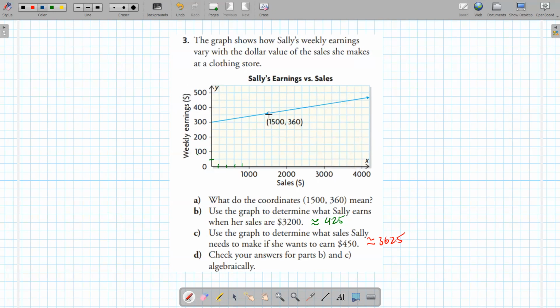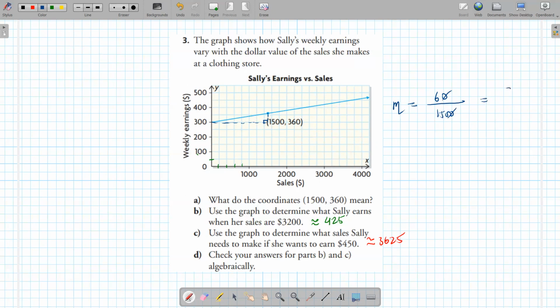So to find the slope, we don't know any other point except this one here. We're going to use this to find our slope. So the rise from 300 to 360 is 60, yeah? And the run is 0 to 1500, it's 1500, like that.